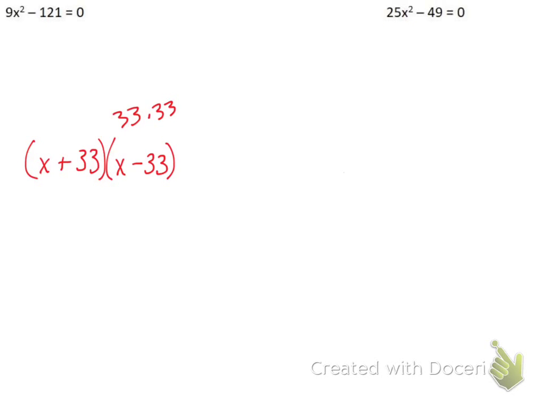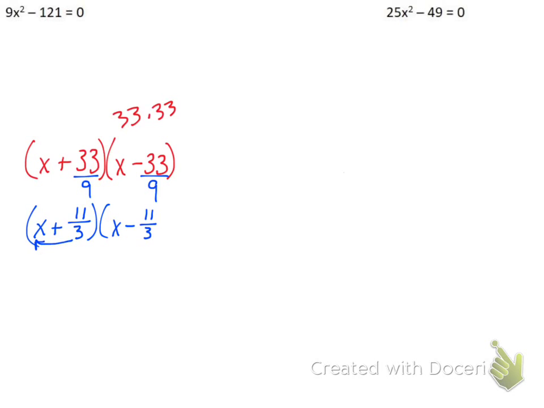And then both of these I'm going to go ahead and divide by 9. That does reduce. So again, if I divide those by each other, on my graphing calculator, hit the math button and enter twice, I get 11 thirds. So x plus 11 thirds, and then x minus 11 thirds.